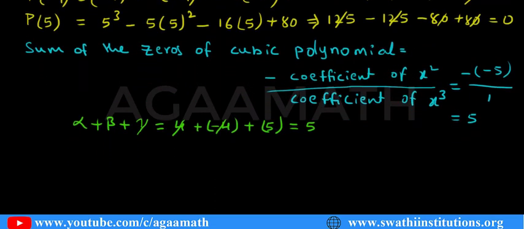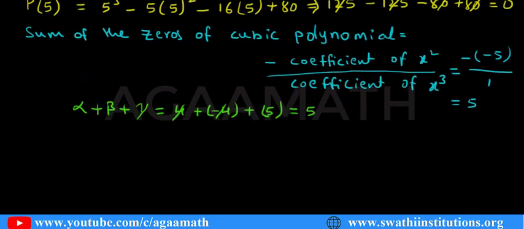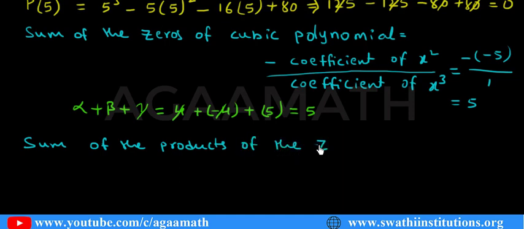That is what sum of the products of the zeros, sum of the products of the zeros taken 2 at a time, that is equals to what?